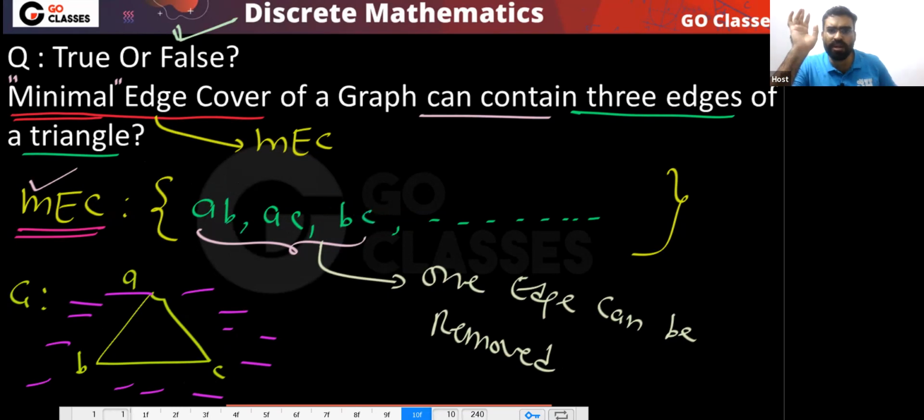So you can remove one edge, and still ABC are covered. So finally, one edge can be removed. This is your answer. That is the reason the answer will be false: one edge can be removed, so it is not minimal. So this is not a minimal edge cover.